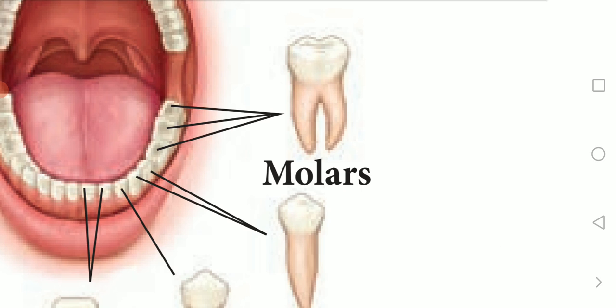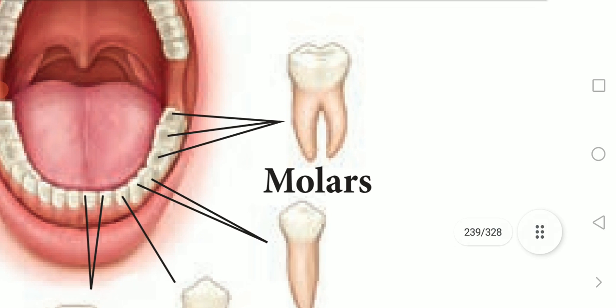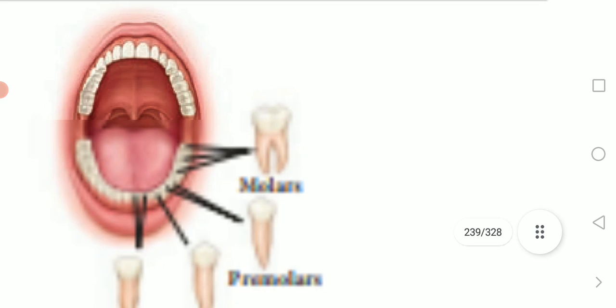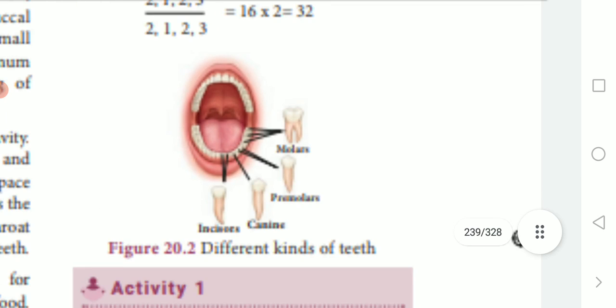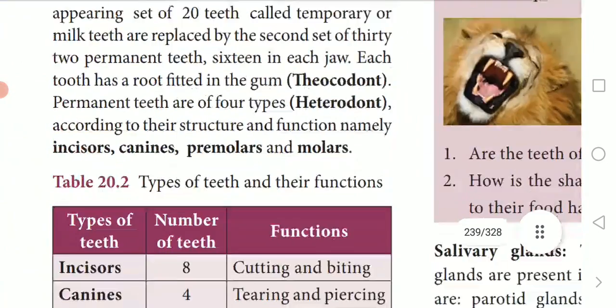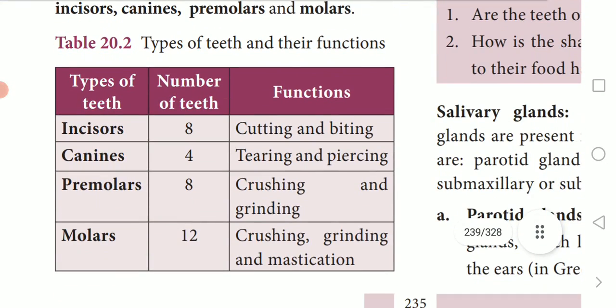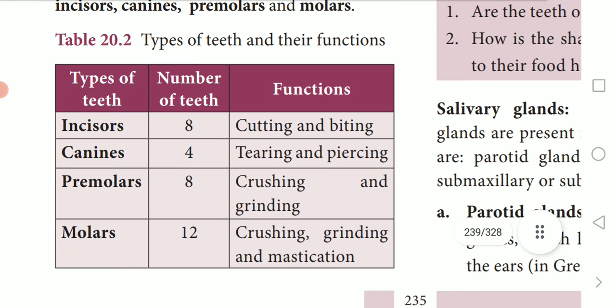Their function is crushing, grinding, and mastication. So these are the different kinds of teeth, and their functions, which we have just seen and explained. Just mark this as a 2 marks question.